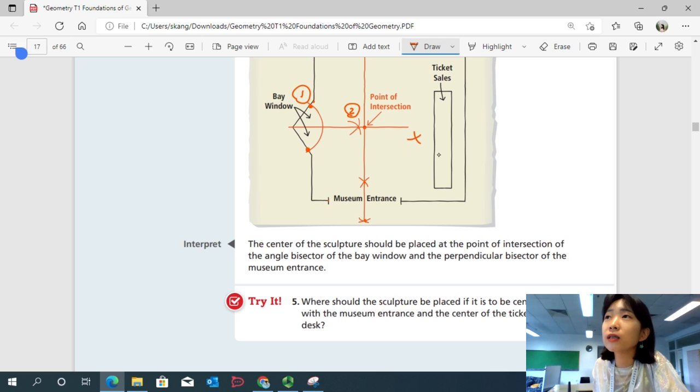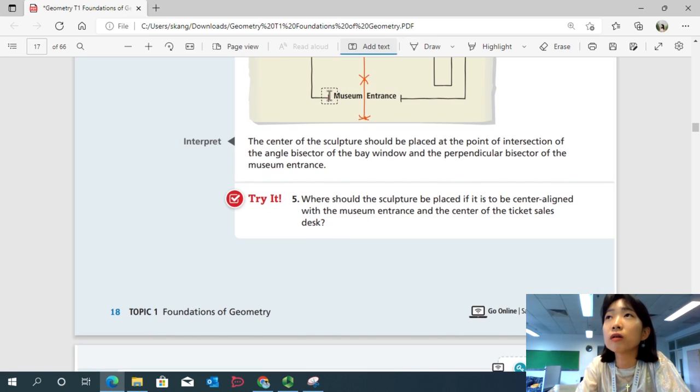Draw two arcs above and below your line from the two endpoints, and then connect the intersection points to get a perpendicular bisector, and extend this so that you have the intersection point between the two perpendicular bisectors you constructed. And that would be the exact location where it needs to be.